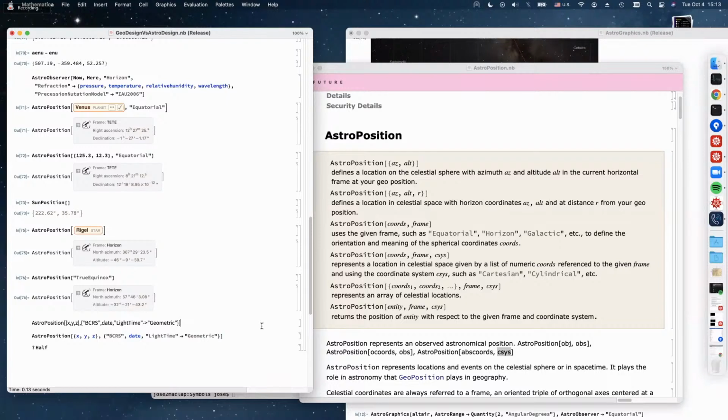Okay, let's zoom out for a second. The thing that you currently have implemented, is there anything definitively wrong with it, other than that we're slightly confused about exactly what the semantics are? You throw in a frame, the observer position, the observer date.